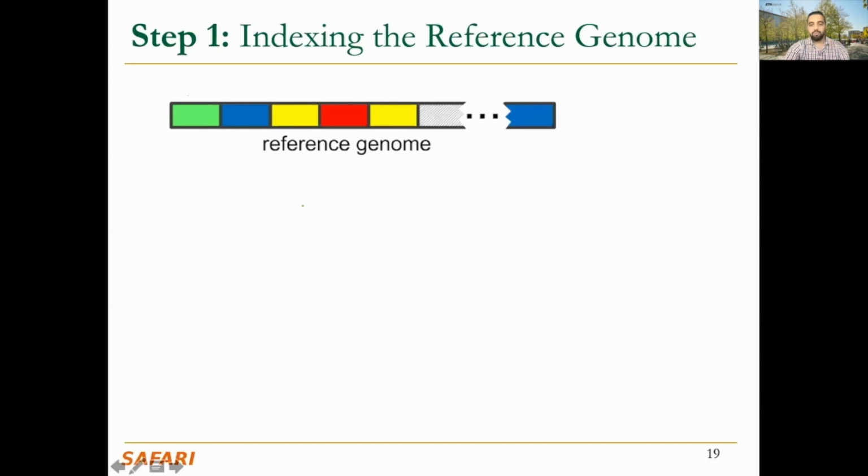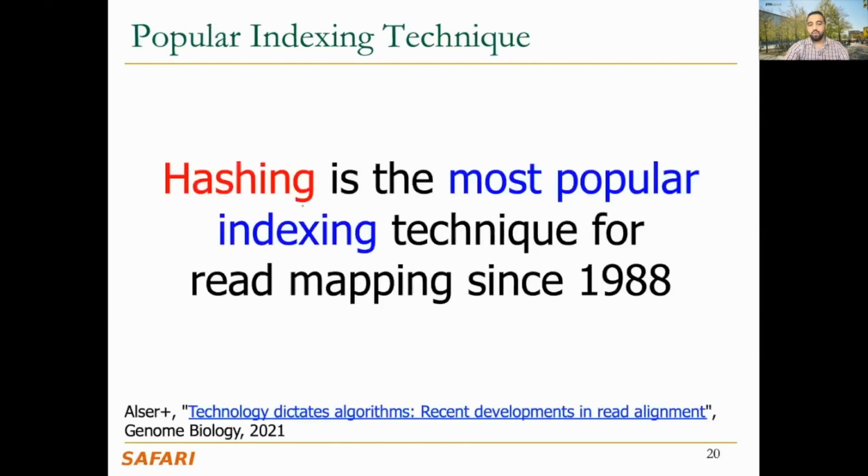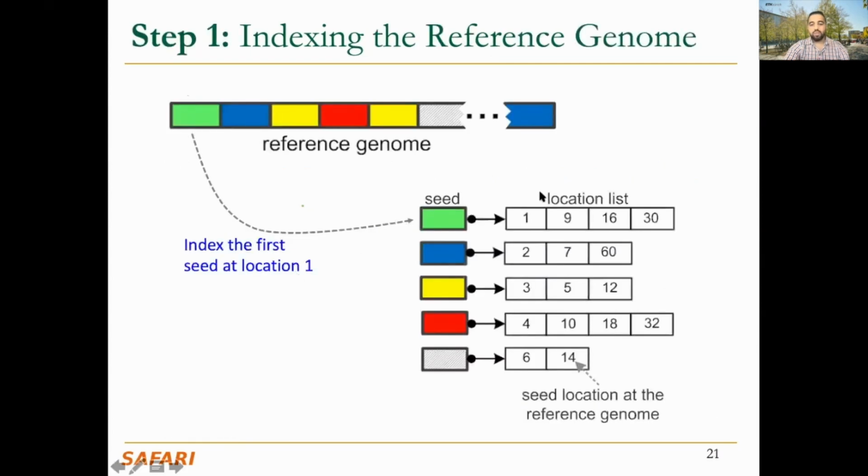Again, to sum up, just to show you this step by step, we get the reference genome and we convert it to something else. What do we convert it into? The most popular indexing technique is hashing, or the hash table. This was first used in genomics in 1988. Now, assume we build the hash table, which has 2 columns, or buckets.